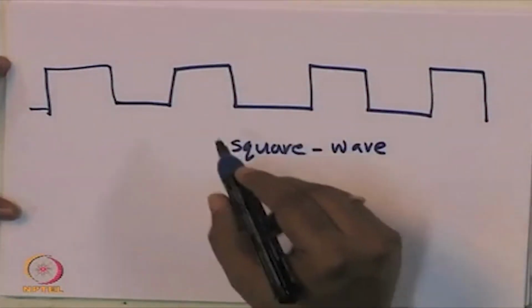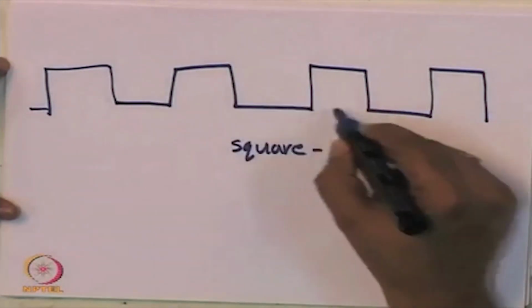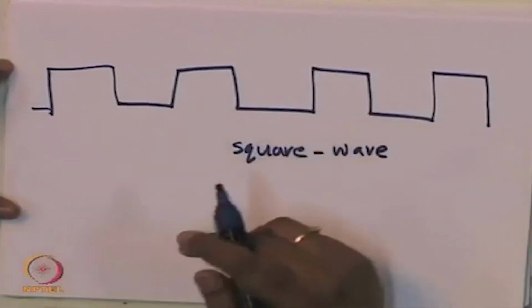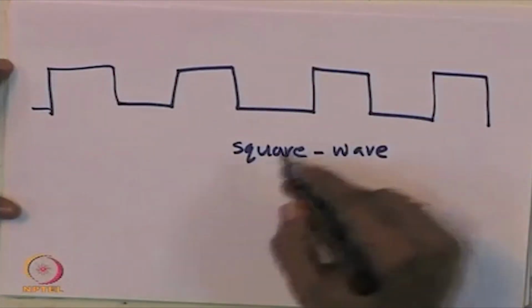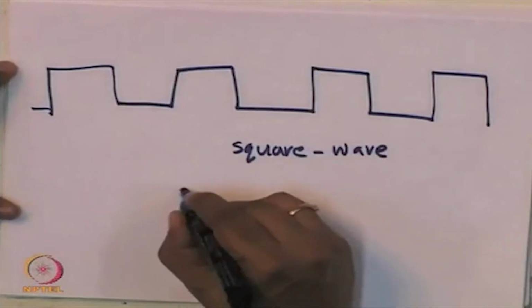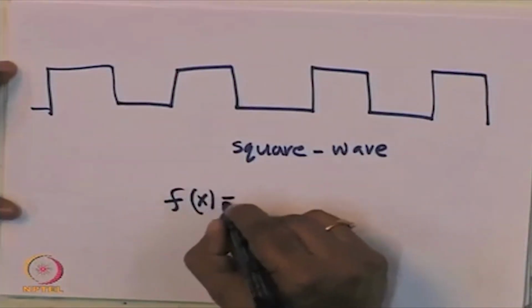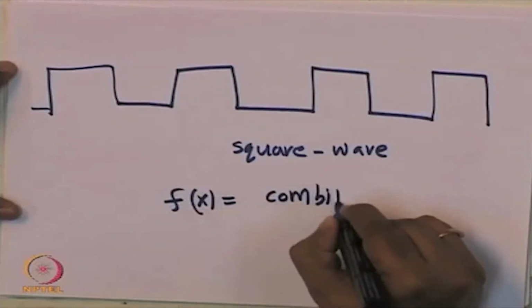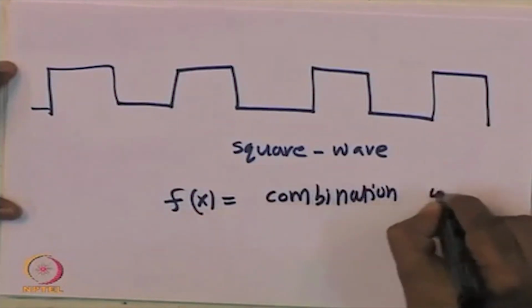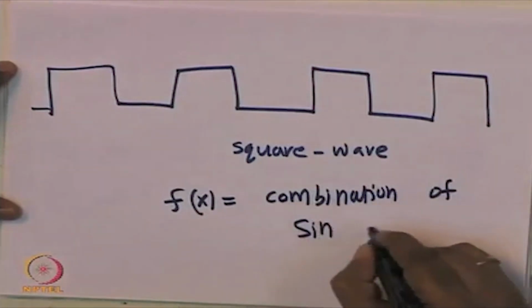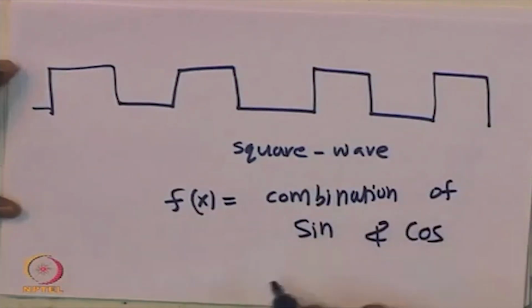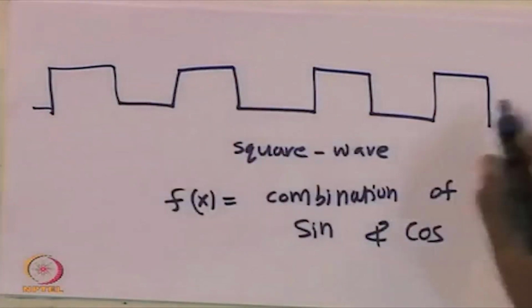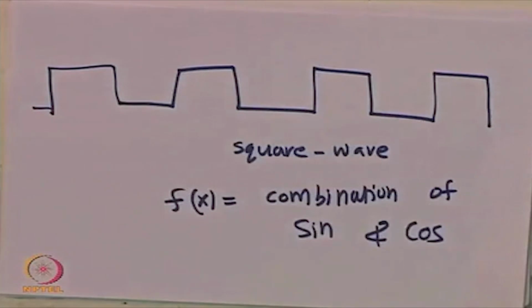The claim is that this kind of thing that we might see in nature can be written as some combination of sine and cos.